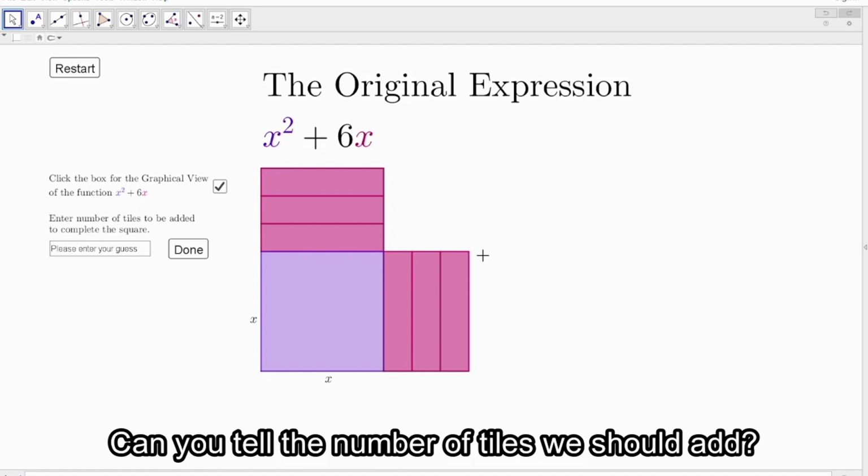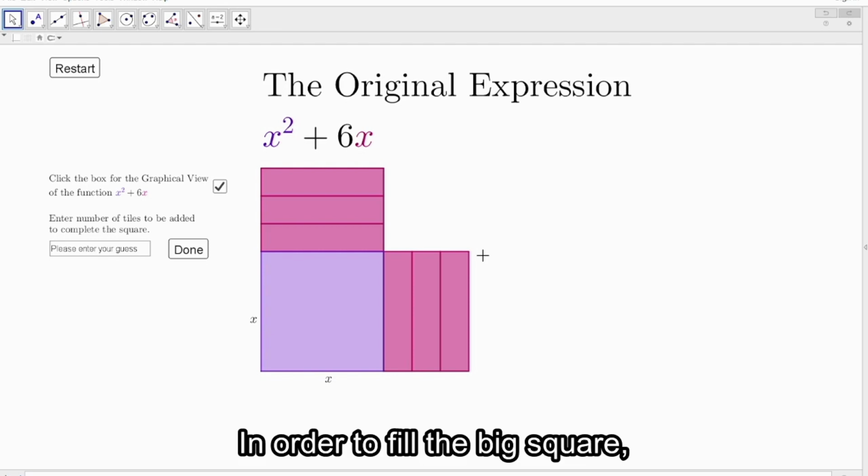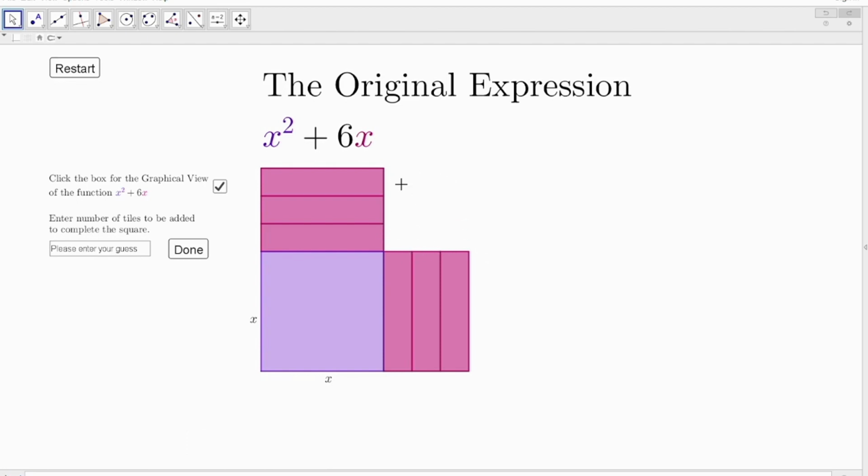Can you tell the number of tiles we should add? In order to fill the big square, how many square tiles are needed?